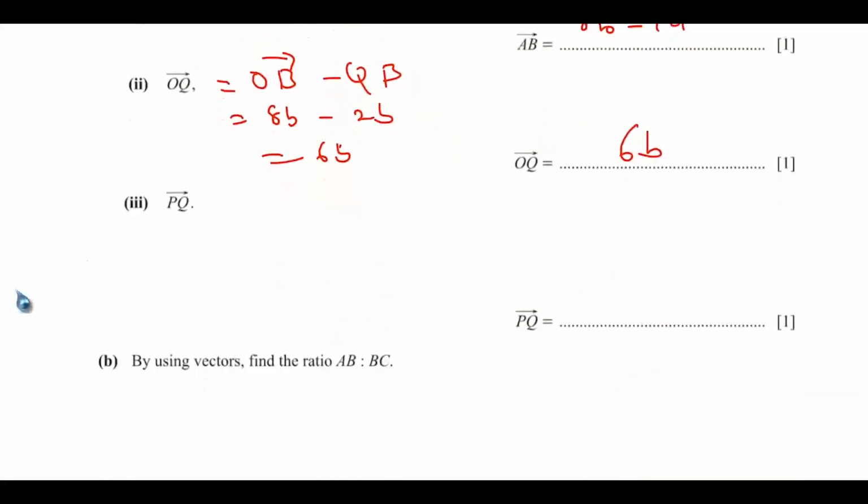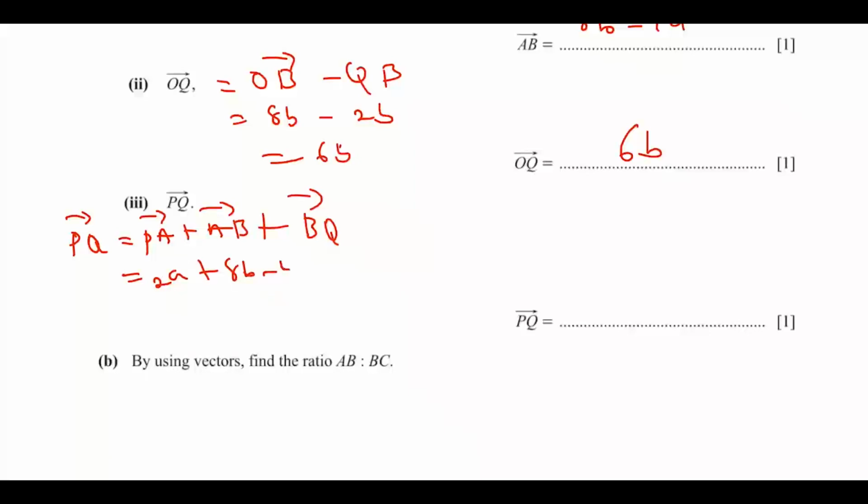So let's scroll down and write. PQ will be equal to PA plus AB plus BQ, so show the direction. This will be equal to 2A plus 8B minus 4A, then minus 2B, because QB is 2B, so BQ will be minus 2B.